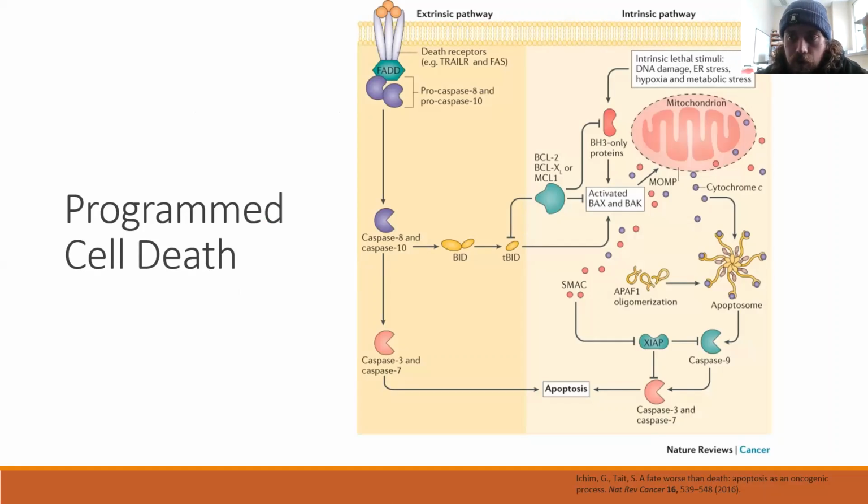The BH3 profiling technique focuses mainly on the intrinsic pathway, but just to overview both, the extrinsic pathway is generally considered the pathway by which external stimuli result in the induction of apoptosis. A good example of that is the binding of, say, the FAS receptor with FAS ligand by a cytotoxic T cell to initiate the destruction of the cell.